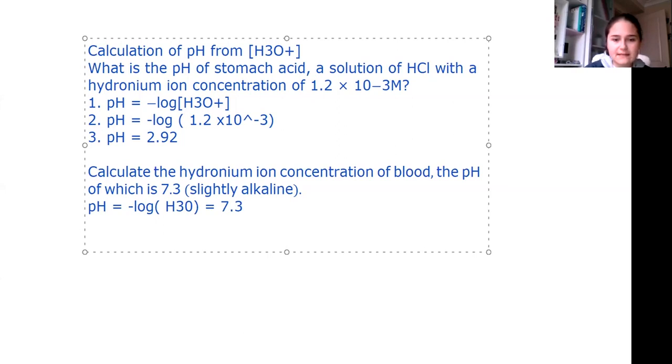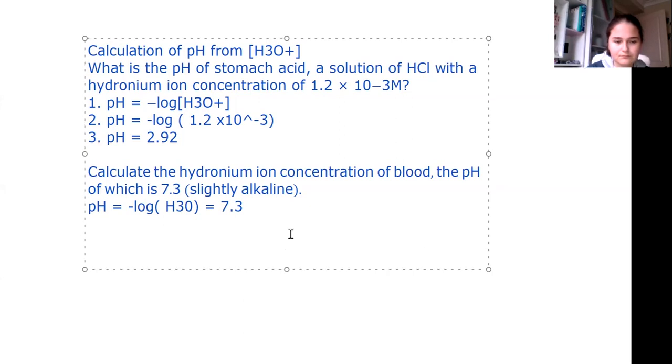So what's going to be step 2? I think maybe 7.3 equals minus log bracket H3O close bracket. Close, but you've rushed a bit forward.